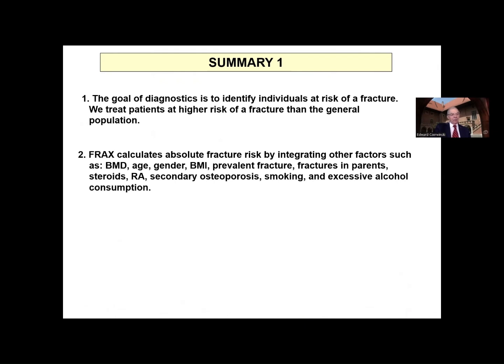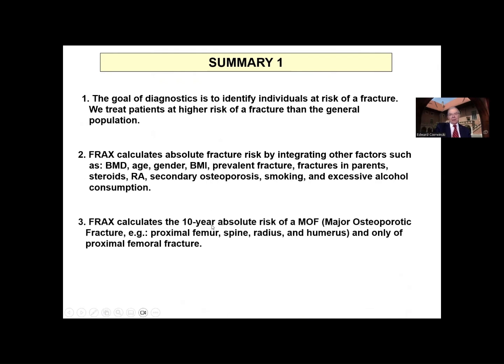FRAX calculates absolute fracture risk based on various risk factors like BMD, BMI, gender, age, prevalent fracture, fractures in parents, steroids, and many others, including TBS. FRAX calculates the 10-year absolute risk of major osteoporotic fracture, meaning proximal femur, spine, radius, and humerus, and also separately for the hip.